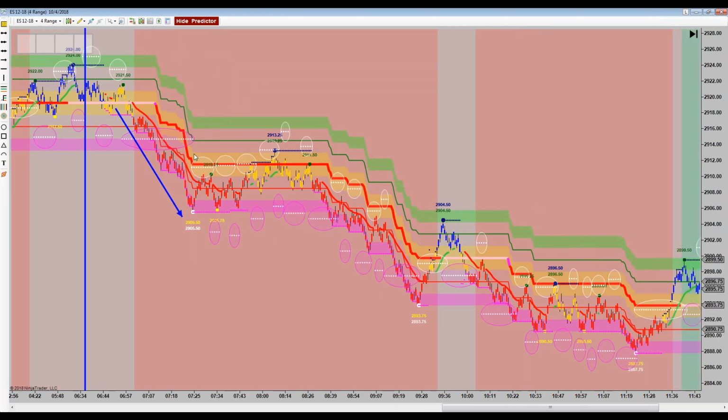How many short trades are from here, counting shorts, to 11:30? From 6:40, what is this? No, that's actually 7:15. How many legitimate short trades are on this chart, counting shorts? I'll give you 10 seconds. 9 seconds.